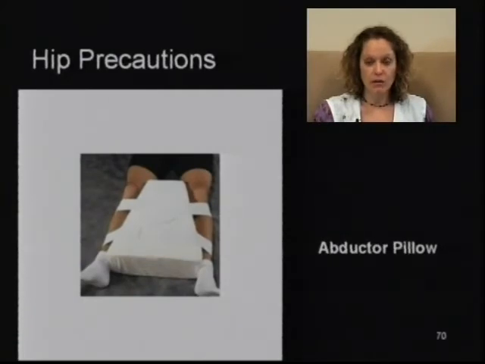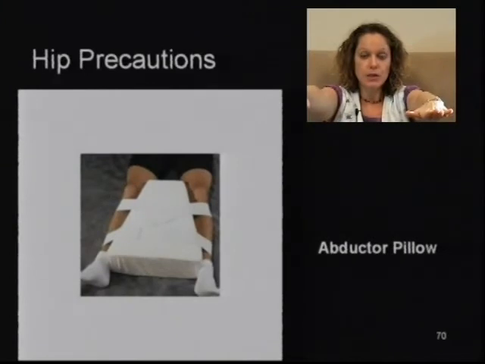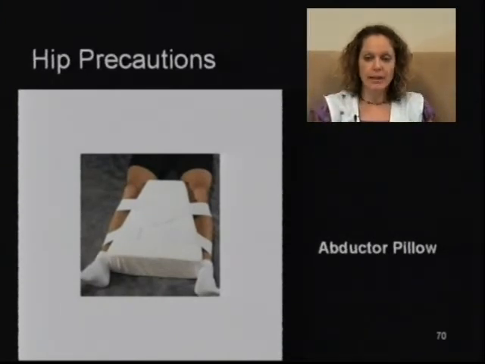Here we're going to talk a little bit about hip precautions. After a patient has had a hip replacement, there are certain things that we do not want them to do. And one of those things is to cross the legs, all right? So we do not want the legs to be crossed. And one of the ways that we do this is by placing an abductor pillow between their legs to keep the legs separated.